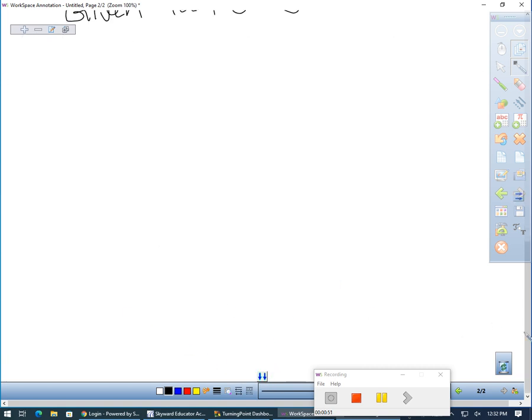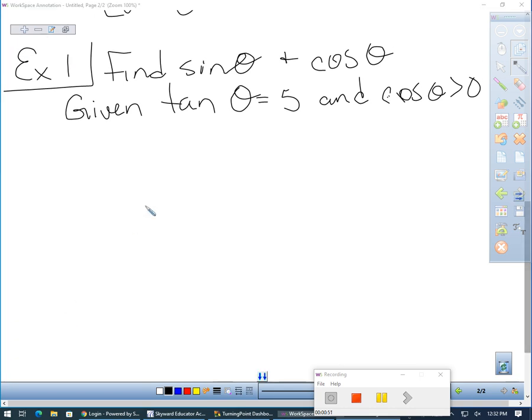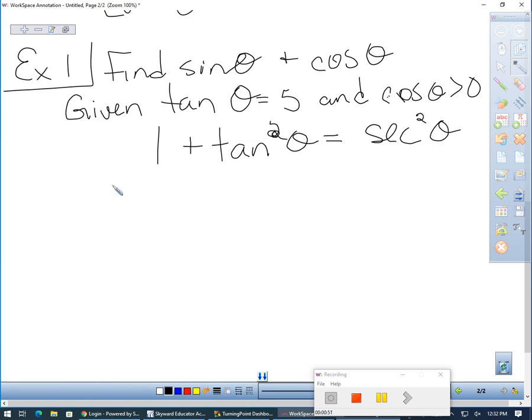I apologize. We are going to be using 1 plus tangent squared theta equals secant squared theta. This is our identity we're going to use. All right, so we know tangent is 5. So I'm going to replace tangent with 5. So I have 1 plus 5 squared equals secant squared.